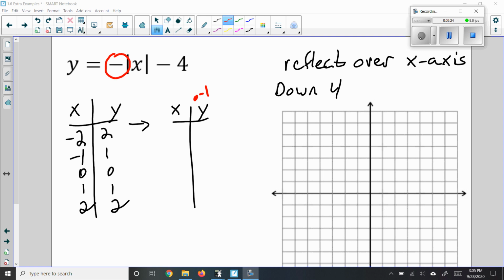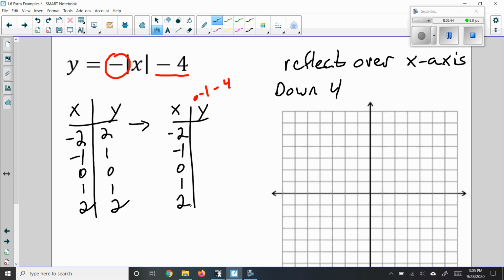The -4 over here also impacts the y values. So I'm going to subtract 4 from the y values. Okay, so nothing happens to the x's. So all of the x's should remain the same.